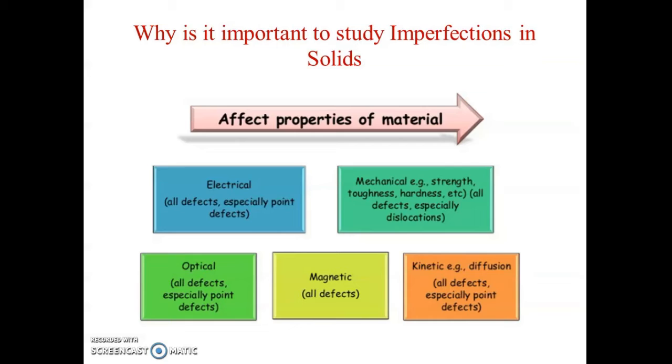Properties like electrical conductivity, mechanical properties like strength, toughness, hardness, etc., and also optical properties, magnetic properties and kinetic properties like diffusion. All these properties of solid materials can be controlled by the extent of imperfection.